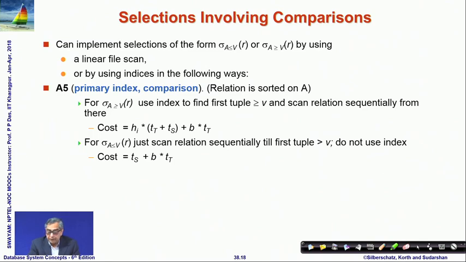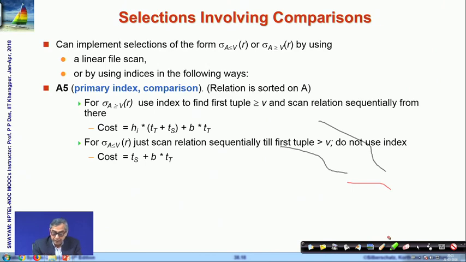Finding the first one will take this cost, because I am doing a search on the primary index, and then if there are B blocks containing the result records, then this is the cost that we will need.